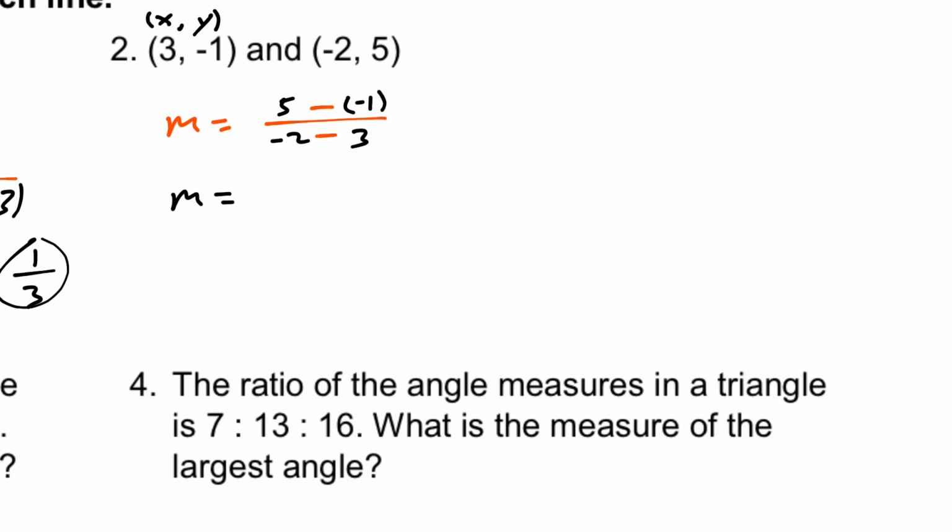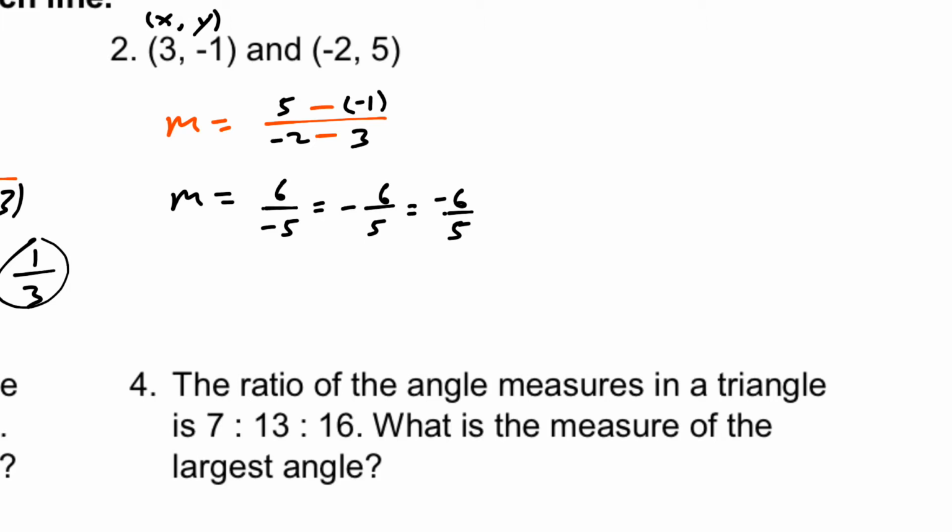In the numerator, we have 5 minus -1, and we know when we subtract a negative that we add. So our numerator is 6. In our denominator, we have -2, take away 3 more, well, that's going to give us a -5.